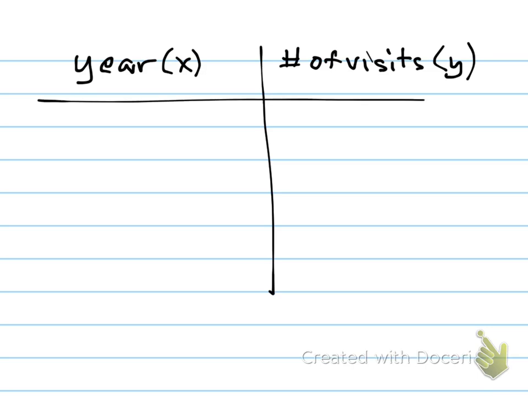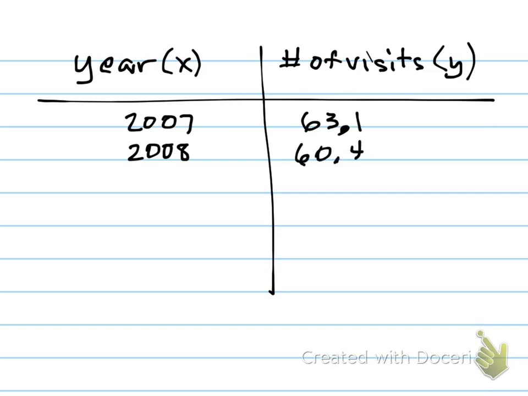So you can see that a chart doesn't really matter. It's still, and I'm not going to write down this whole problem, 0.1, 60.4. So that's your X value, that's your Y value. And you see that none of them repeat, so therefore it is a function, right?